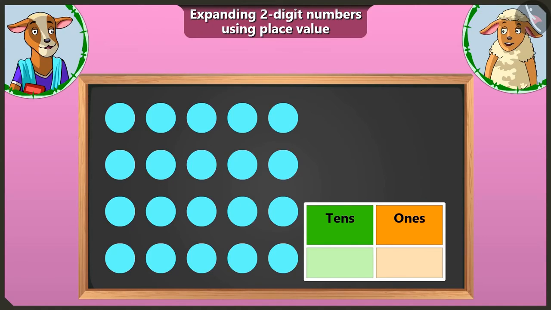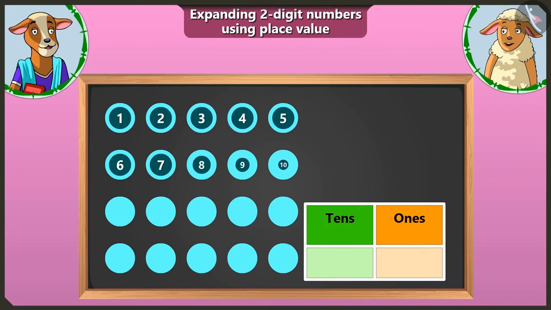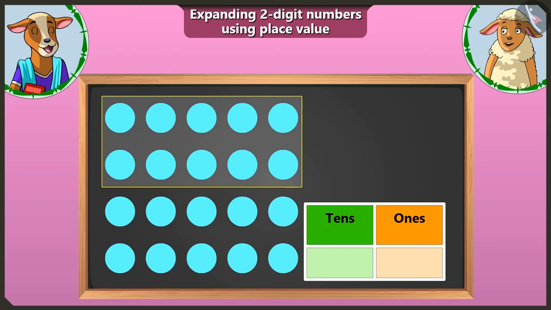Let us write them as groups of 10. First, I will make one group of 10 circles. 1, 2, 3, 4, 5, 6, 7, 8, 9, and 10. So we will make a group of these circles.